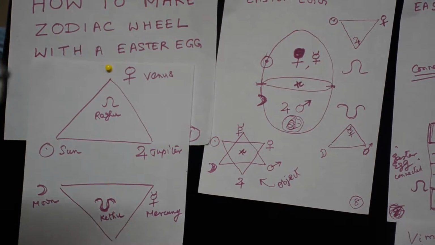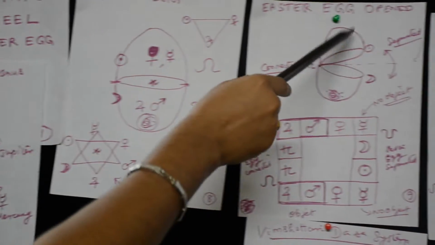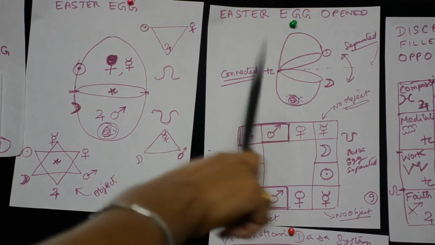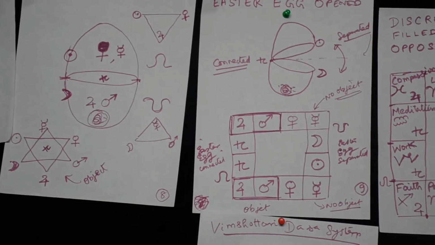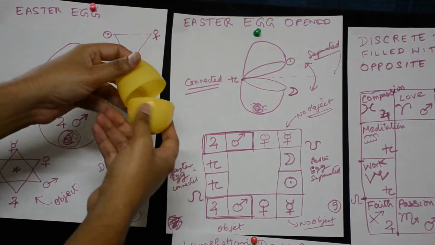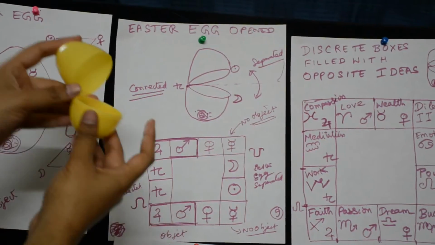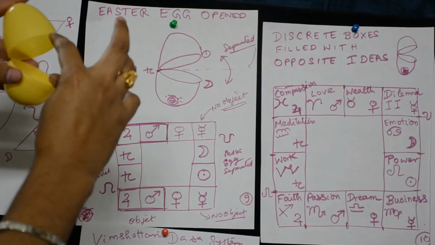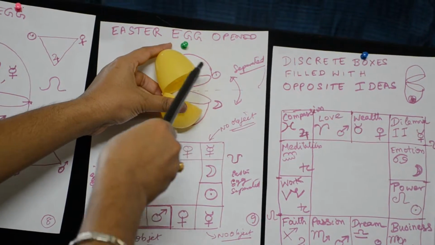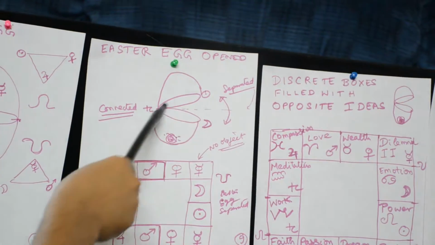So to continue, this Easter egg, the egg we were talking about: suppose we try to open it in such a way that it is connected at one end but disconnected at the other, you end up getting a greater than or a less than symbol.